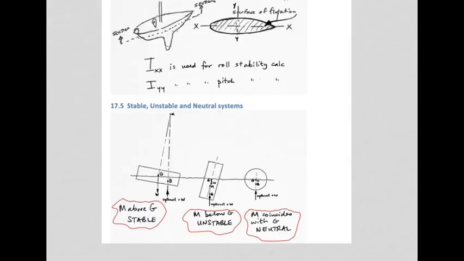Now, in all shipping instances, we would want this situation here, where M is above G and the vessel is said to be stable. What stable means is if it is displaced by something, for example a wave or wind or cargo moved across the deck or whatever, it naturally wants to right itself. It wants to go back to its original position.